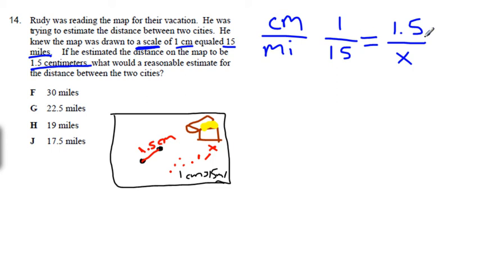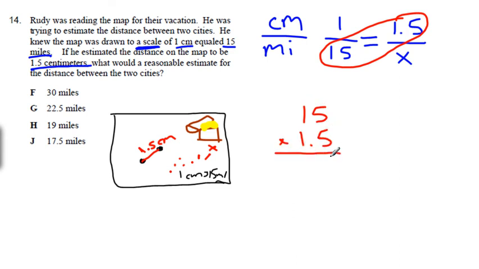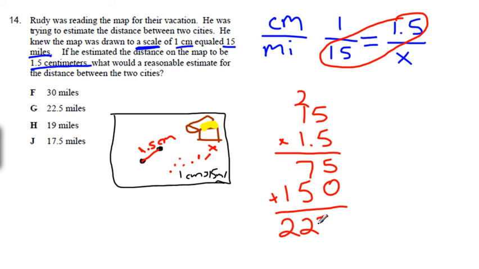So maybe you can think that 1 times something will give you 1.5, and that would work, but let's just play it safe. Let's say, what is 15 times 1.5? That'll give us 75 on the first line, 150 here. Just doing regular multiplication, that's 225 with 1 decimal place.